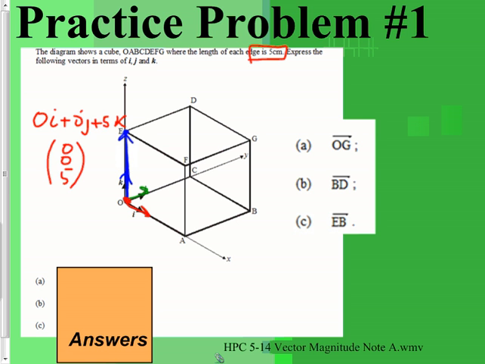All right, so anyway, if you wanted to write this vector from O to G, you're going to have to go some in the I direction, some in the J direction, and some in the K direction to get to this spot right here, which is kind of like the dot you're headed towards.